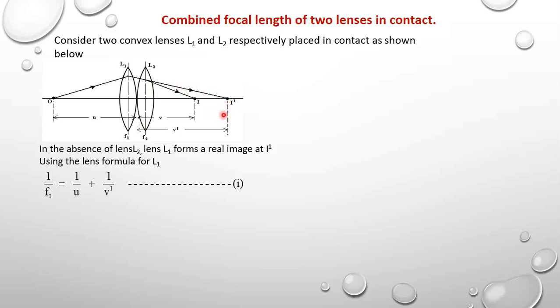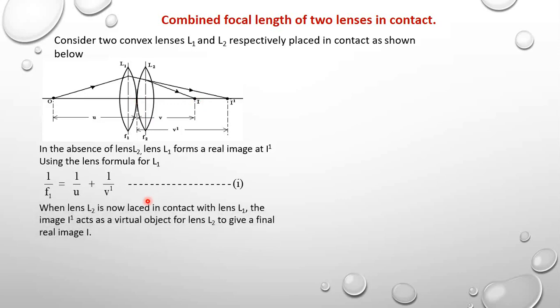So that will become a virtual object, and therefore U is going to be negative V prime, and the final image distance is V, the distance from the final image up to the lens. So for the second lens, we have 1 over F2 is equal to 1 over negative V prime plus 1 over V.